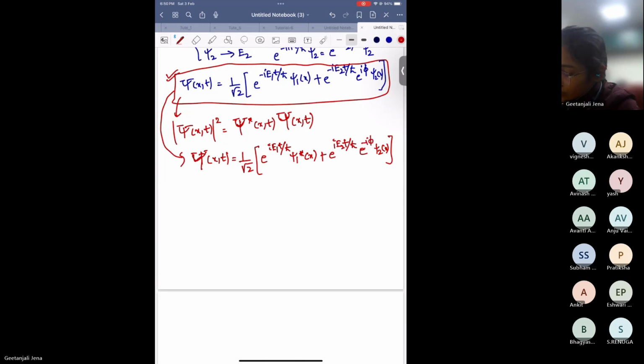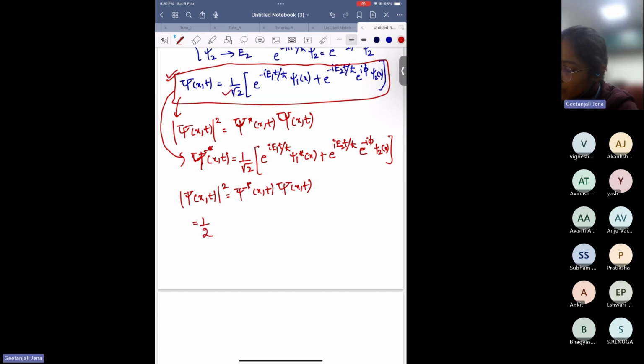Now this is psi star. So the whole square is equal to nothing but psi star x,t and psi of x,t. So just put the values.